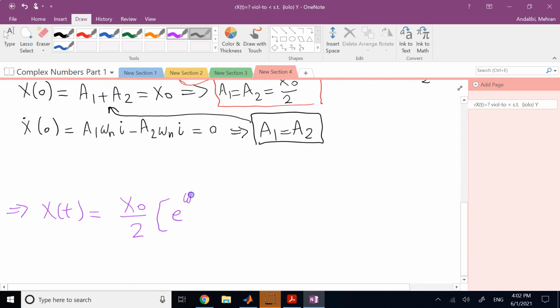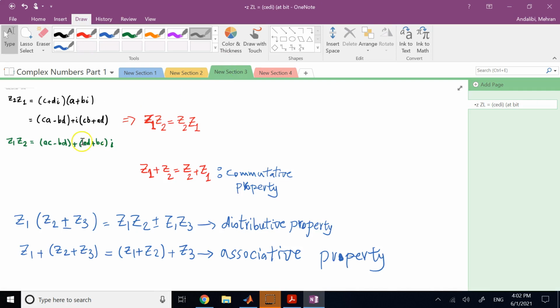So this is going to be e to the omega n i t, and this is going to be plus e to the negative omega n i t. Agree? Now, here I use the Euler formula. I use this important Euler formula that we had here.